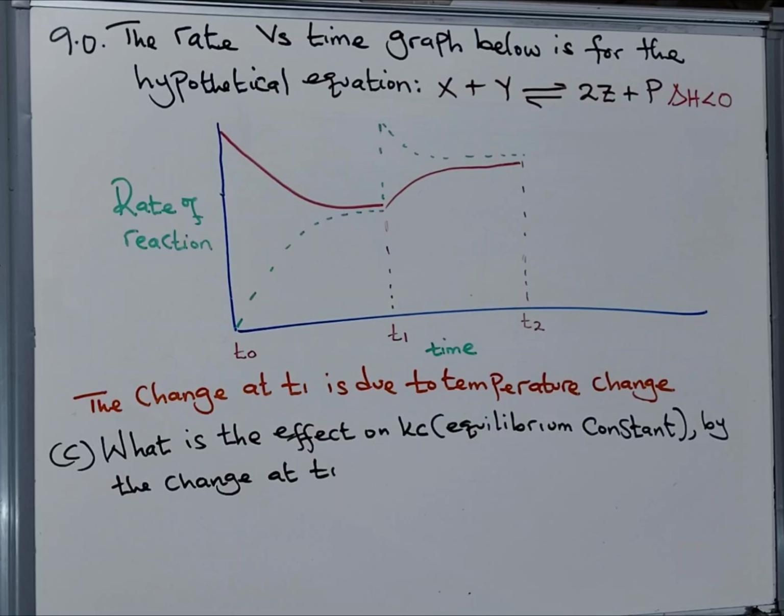And what happened at T1? Temperature increased. For an exothermic reaction, increase in temperature decreases the Kc value. So the Kc value will decrease.